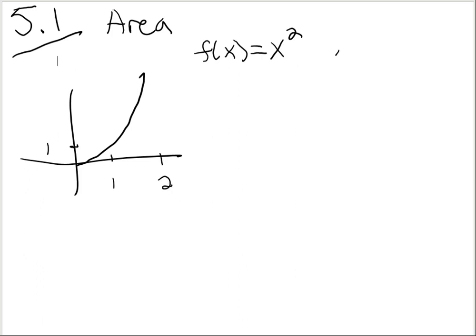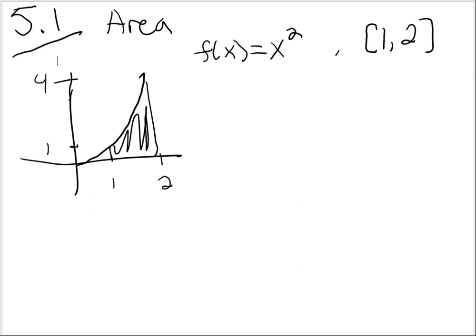So height here is 1, and at 2, our height is 4. Okay, so we want to get this area. Definitely not something that I would look at and be like, that's a geometric shape, I know.